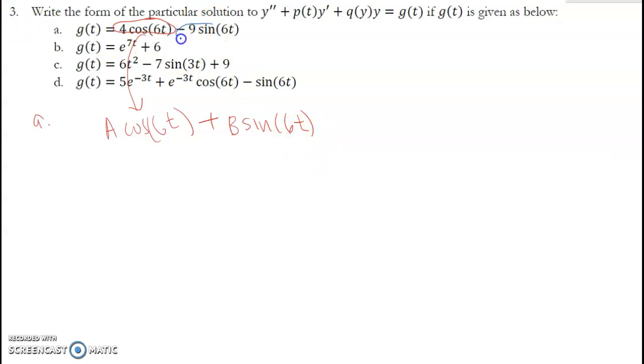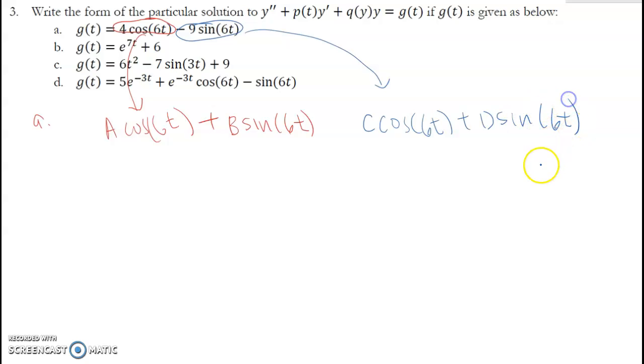And what about our guess for the second part? Of course, -9 gets ignored. So we're just looking at sine of 6t, and I already used A and B, so I'm going to use C cosine of 6t plus D sine of 6t.